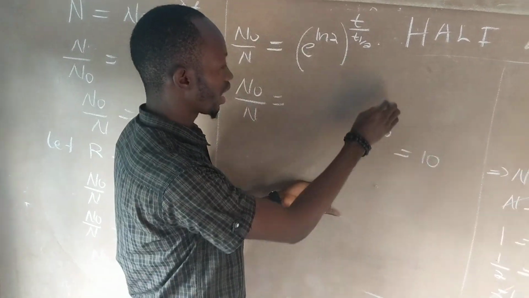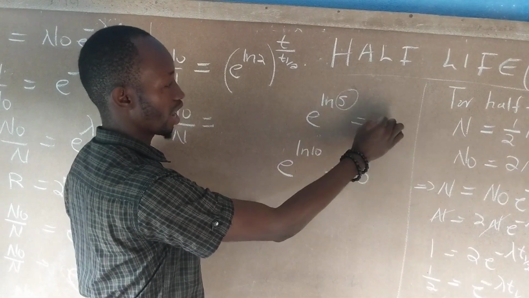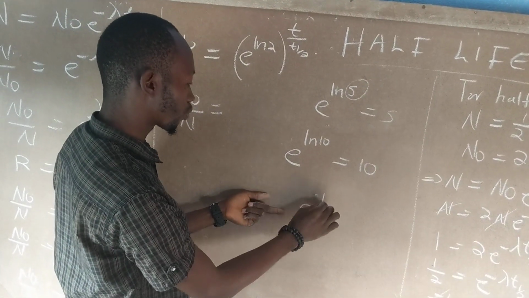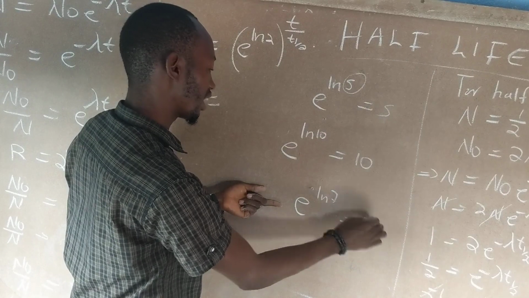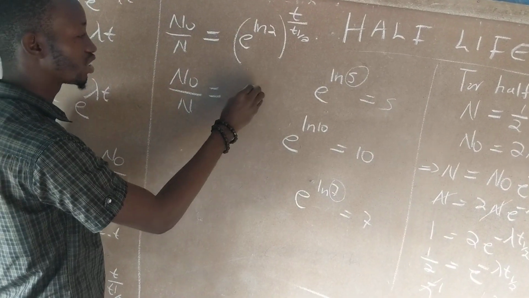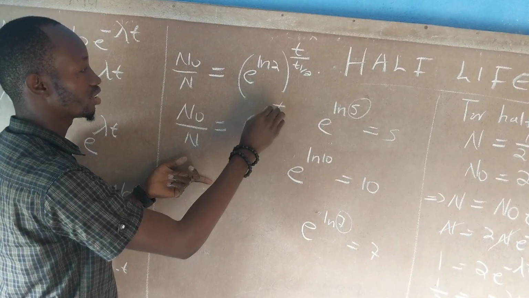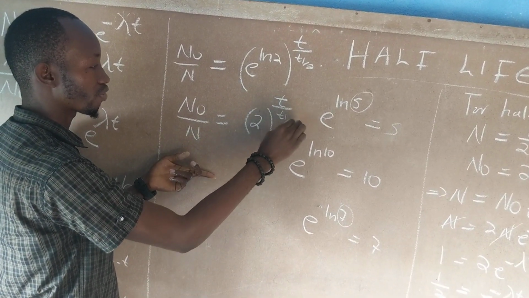You have e raised to the power ln 5, the answer is 5. If you have e raised to the power ln 7, the answer is 7. So the same thing, if we have e raised to the power ln 2, the answer is 2. It is in brackets, and we maintain our t over T half.